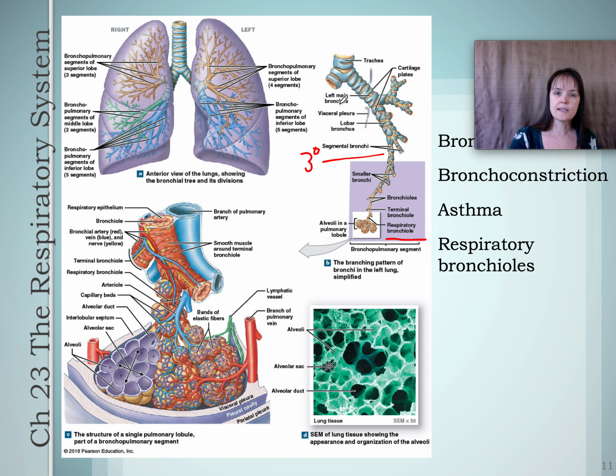We're learning for lab main bronchi, lobar bronchi, segmental bronchi, and then we're skipping all of these other bronchial terms. They're like, oh look, they're bronchioles. Until for lecture we get here, the smallest ones are respiratory bronchioles. And they are important because they are part of the exchange surface in addition to the alveoli.